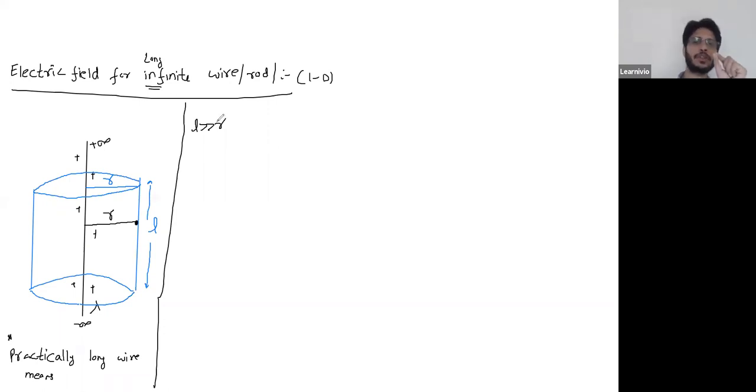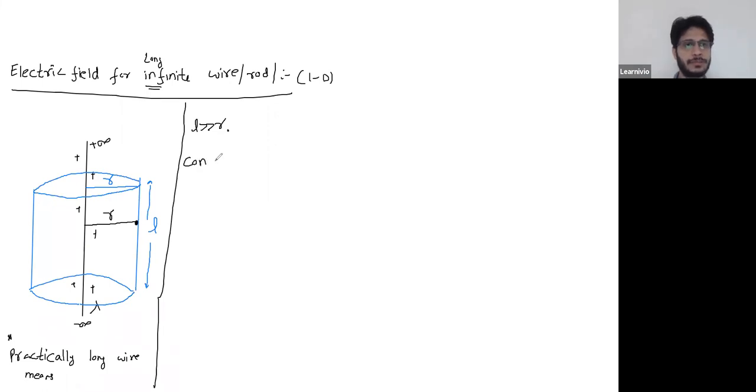Means the point at which you are calculating the value of field, the separation of that point is small as compared to the length of the wire. The length of the wire is very, very large as compared to the separation. Then you can say that your wire is a long wire, because an infinitely long wire is practically not possible. When we say that a wire is infinitely long, or a very long wire, that simply means the length of the wire is very large as compared to the separation at which you are supposed to calculate. L is very, very great.